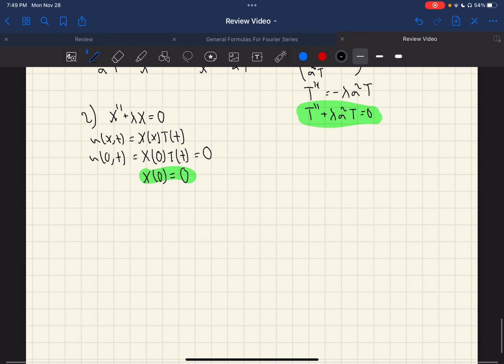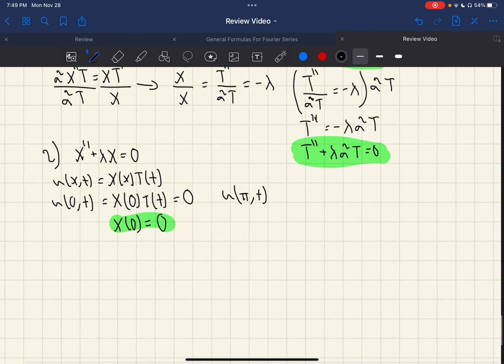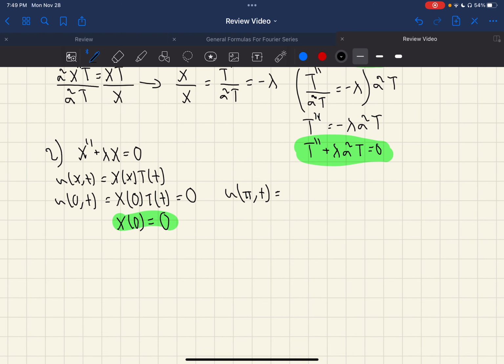It's our first condition. Then we have u of L,t, which is pi. Our L is pi in this case. That's also 0. So we do X of pi times T of t equals 0. T of t can't be 0, therefore X of pi is also 0.